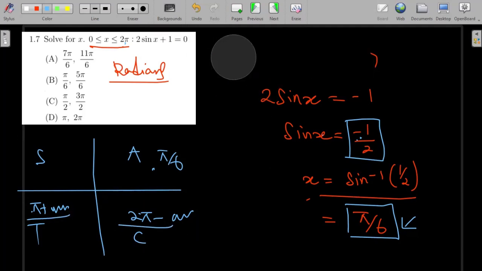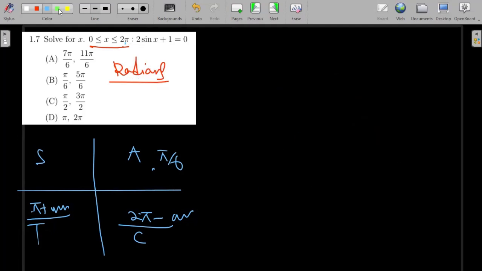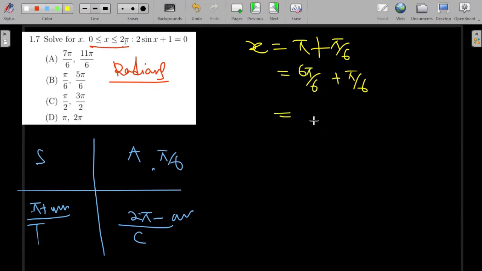Okay, so let's find. The first value will be here. We're going to say our angle, which is x, will just be pi plus the angle that we found, which was pi over 6. So we can say this is 6 pi over 6 plus pi over 6. I'm just putting 6 here so that I can add easily. So this will just be 6, and then 6 pi plus pi, that will be 7 pi over 6.